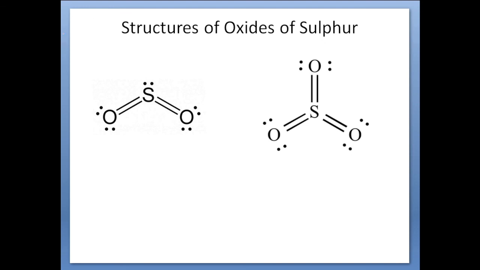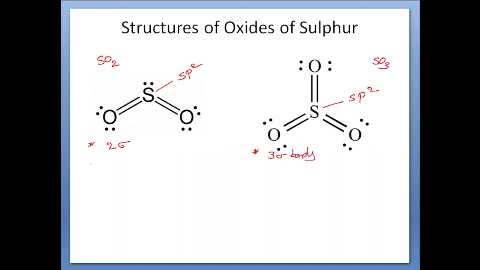See here, it's a sulfur dioxide molecule, and it's a sulfur trioxide molecule. In both sulfur oxides, sulfur is in sp2 hybridization. In sulfur dioxide, there are 2 sigma bonds. In sulfur trioxide, there are 3 sigma bonds.